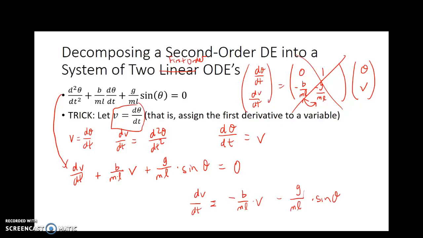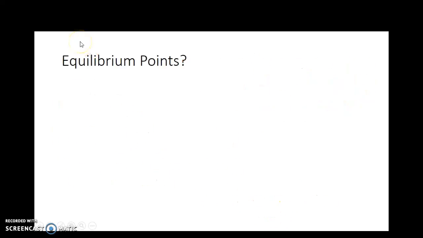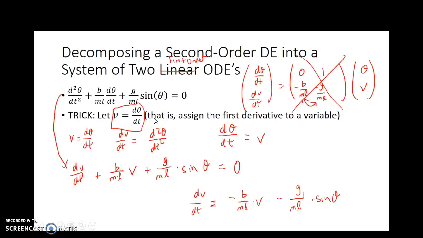So for simplicity, let's assume that b over ml and g over ml equal 1. So that allows me to write d theta dt if g equals m equals l equals 1. Let me back up here a second. D theta dt equals, well, that doesn't change.